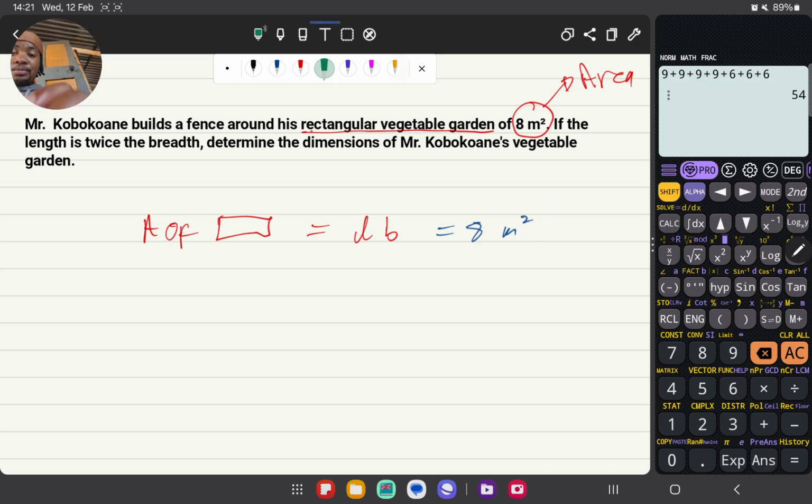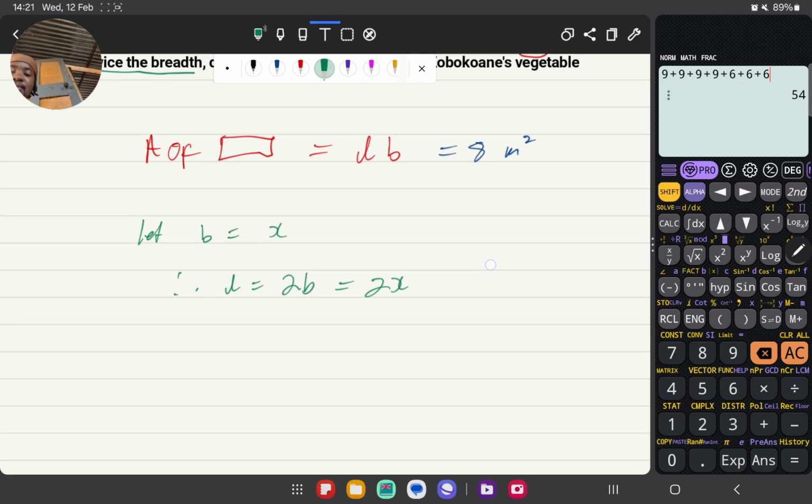So now let's go. What is it that they are telling us? The length is twice the breadth. So here I can just say let b for breadth be x. Therefore length is gonna be 2b, which is 2x, right? Cool.